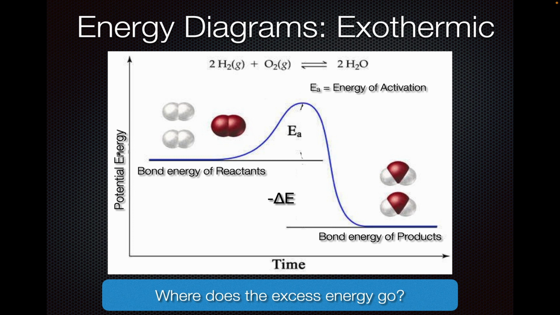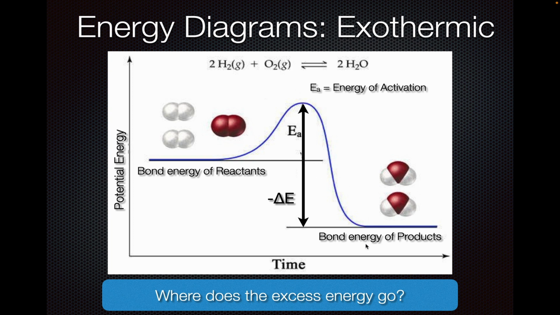So if we look at this through the lens of potential energy or bond energy, or the actual energy inside the reactants, they start here. That's their bond energy. And we first need to put energy in, okay, to activate it, to break these bonds. And then once we broke the bonds, then we can form new products.